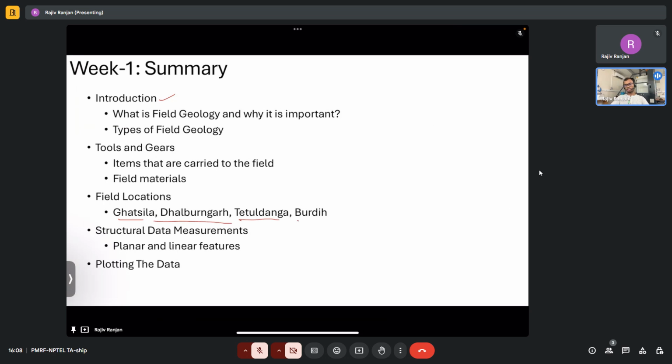And then you learned how to take measurements, both planar and linear features, and plot the data.